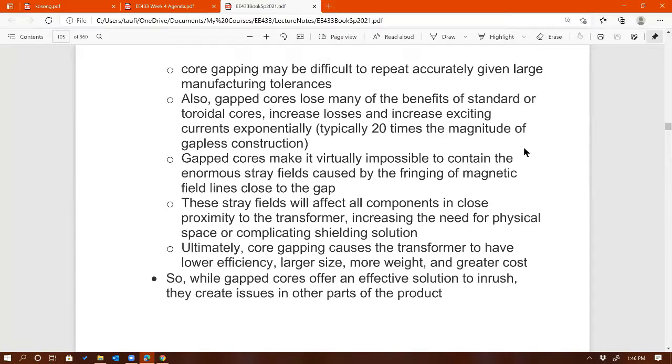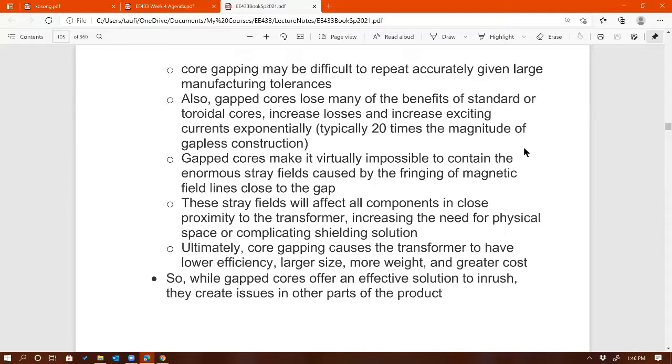And in the lab, we introduced that physical gap between the 2 halves of the core by inserting either paper or Kapton tape between them. So that's what we talked about last week.